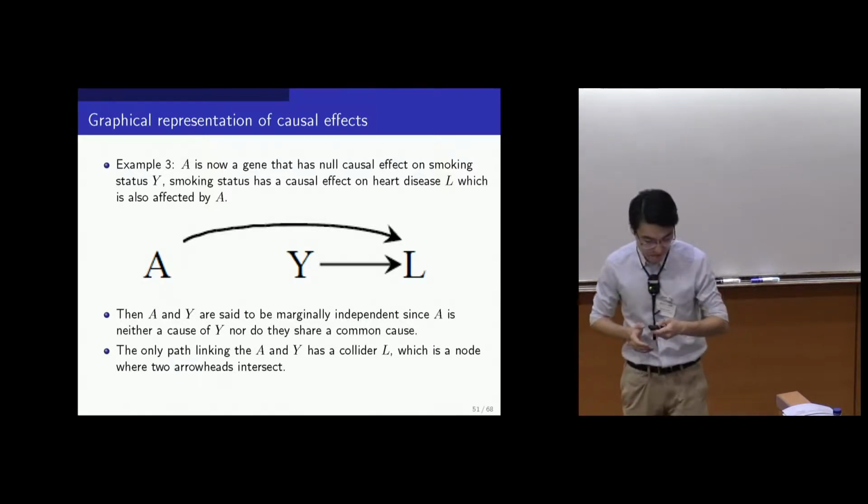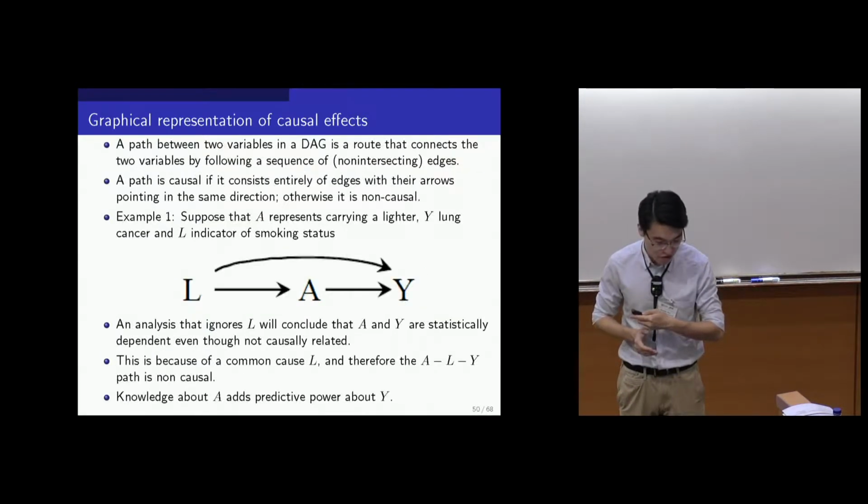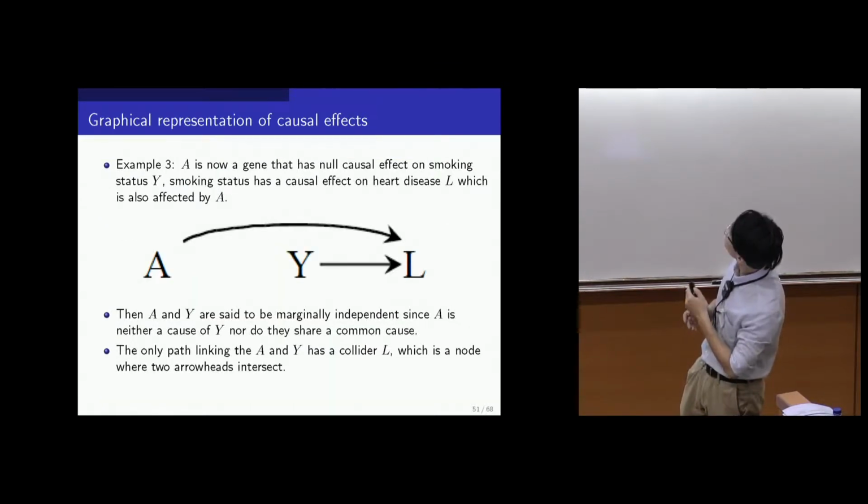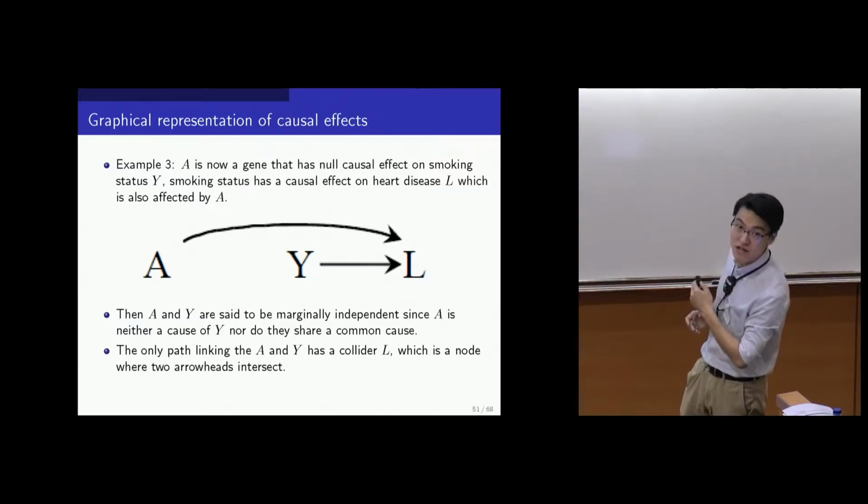Right? So this is in contrast to this type of path where these two arrows point to A and Y from L. This is the open path. So notice here the two arrows intersect at L, pointing into L, and this is a collider. Right?